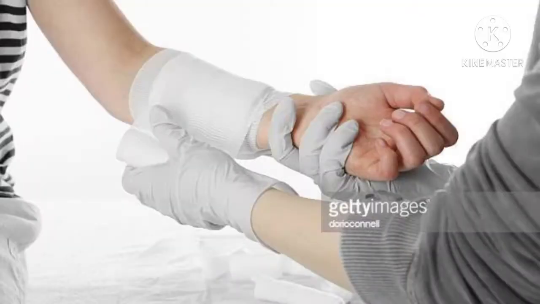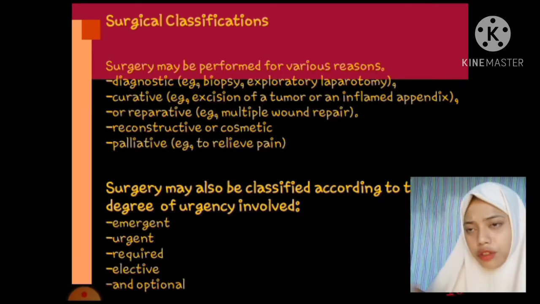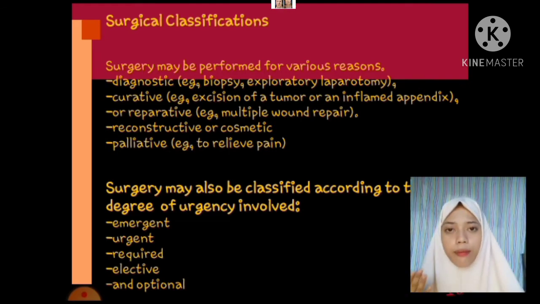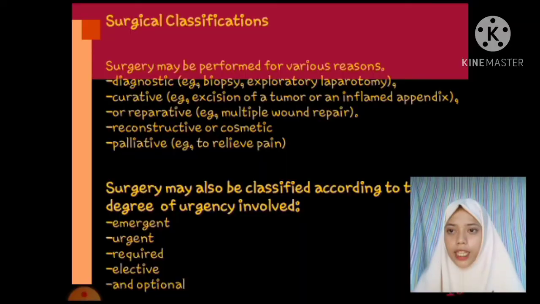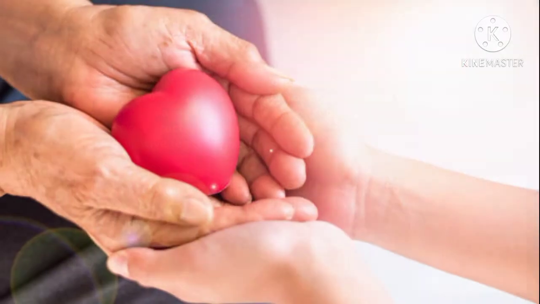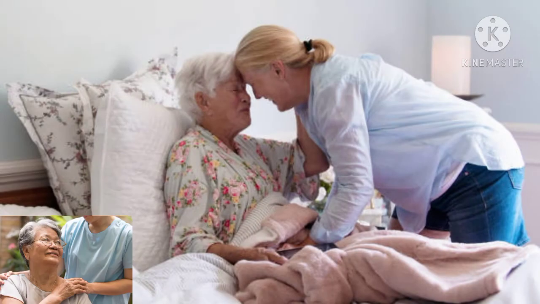And then next is the reconstructive or the cosmetic. Reconstructive is performed on abnormal structures of parts of our body, while cosmetic is performed to reshape the structures of the parts of our body. And then next is the palliative. Palliative is, for example, to relieve pain.